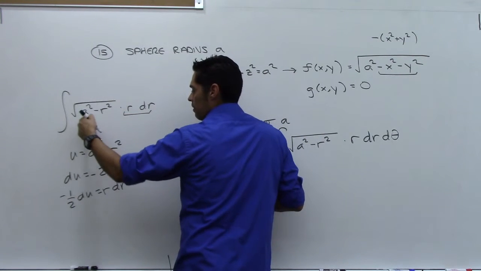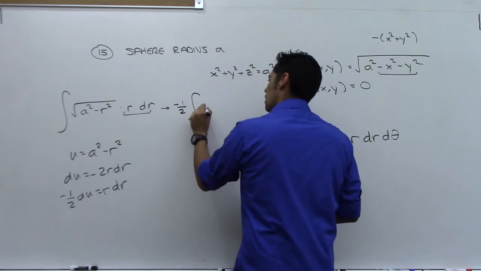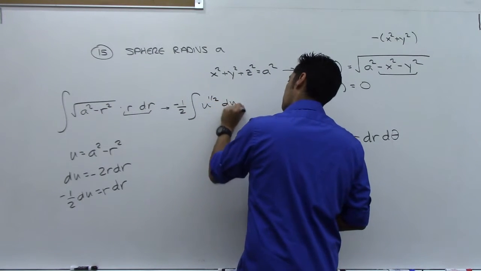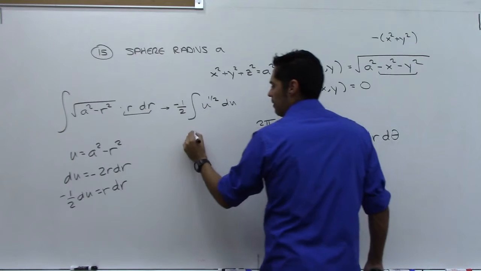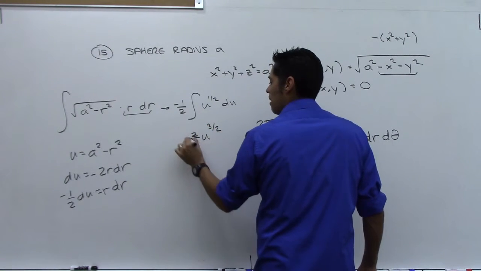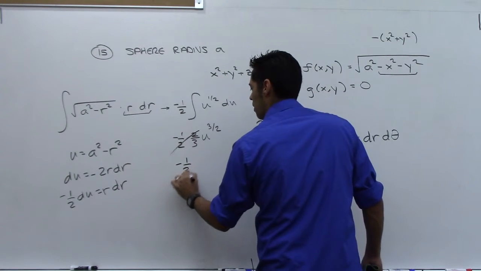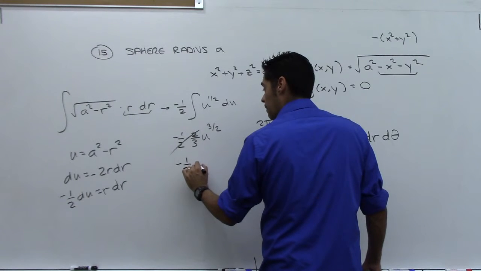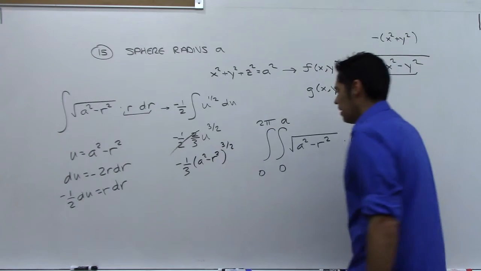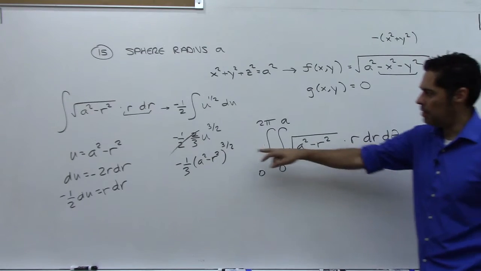This will become the square root of u. So this integral becomes negative 1/2 integral of square root of u, which is the same as u to the half du. The antiderivative of u to the half is going to be 2/3 u to the 3/2, but then I had a negative 1/2 outside. Twos cancel, I get negative 1/3 u, but u was a squared minus r squared, to the 3/2. So the antiderivative of this right here with respect to r should be this.